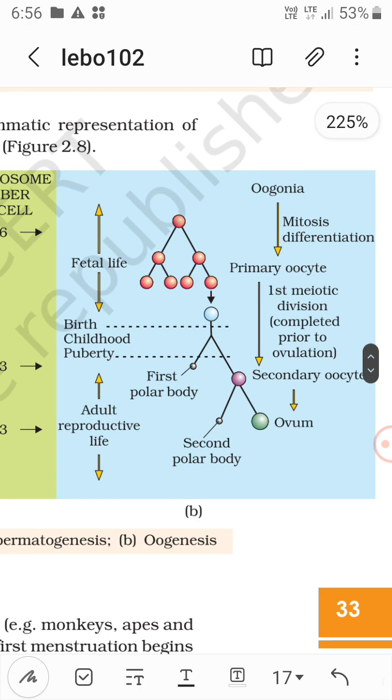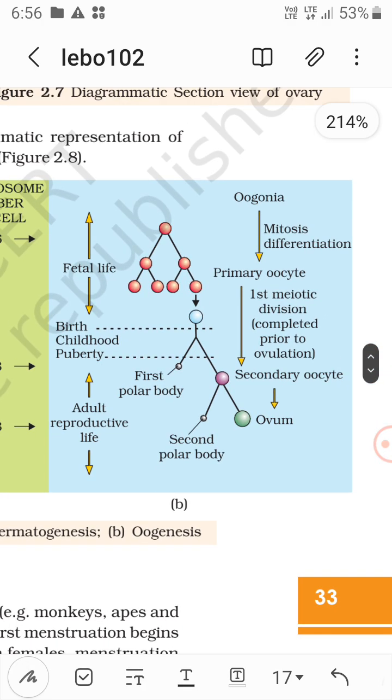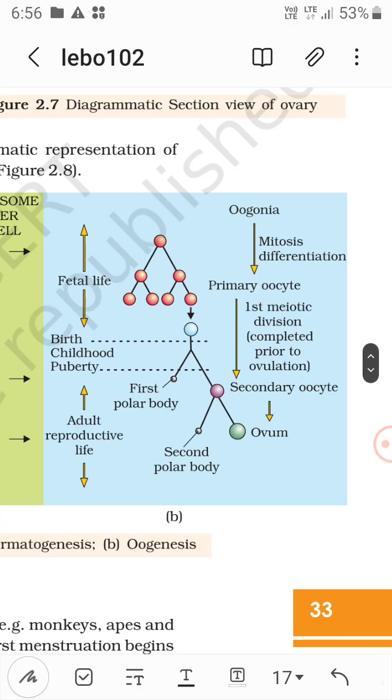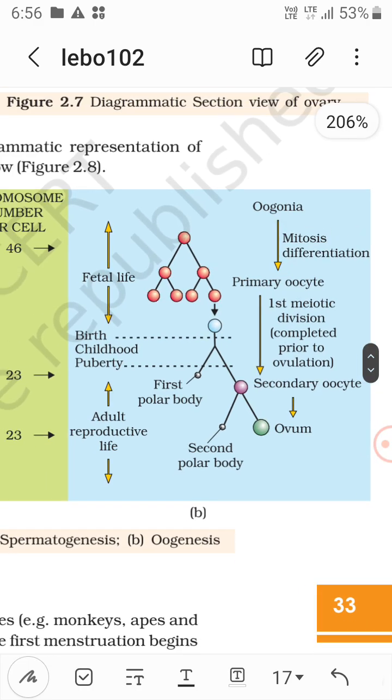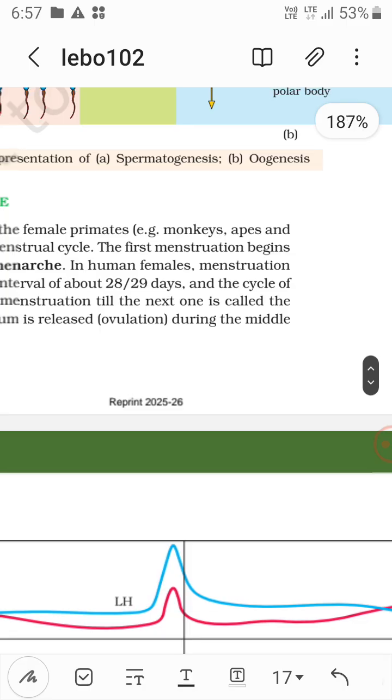Now in childhood and puberty, and adult reproductive life, the secondary oocyte and ovum are formed. During birth, childhood and puberty, there is the primary oocyte, primary follicle, secondary follicle, tertiary follicle, then the mature Graafian follicle, then the secondary oocyte, and then the ovum. Until the fetal life there is the primary oocyte. So this is oogenesis.